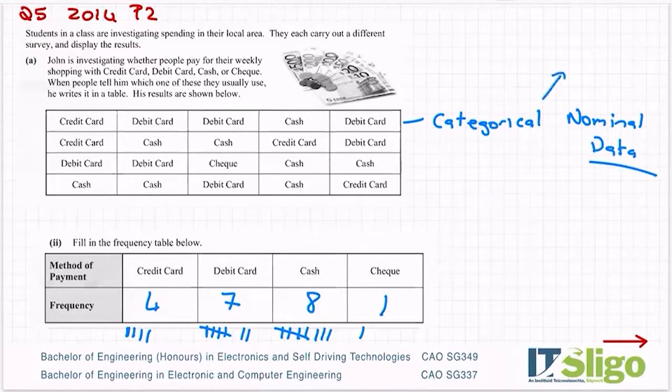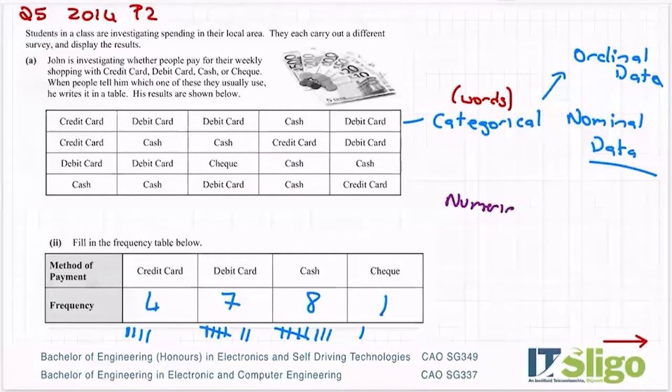We have nominal data and ordinal data. And I remember categorical as words. Your answers are words for categorical data. And of course, the other type of data is numerical data. And I remember this one because it's numbers.